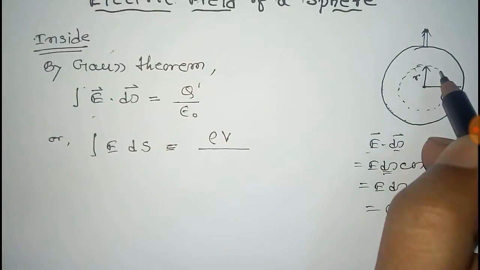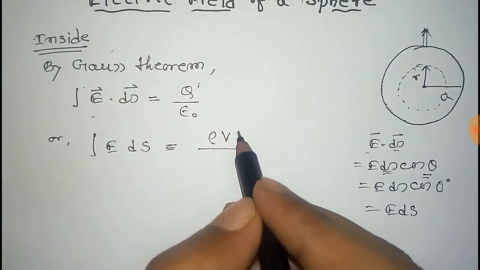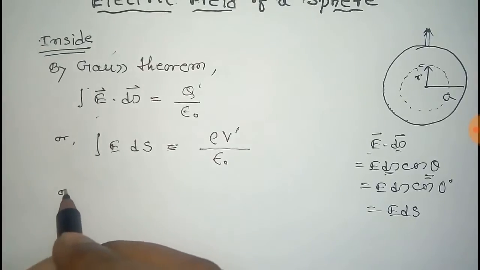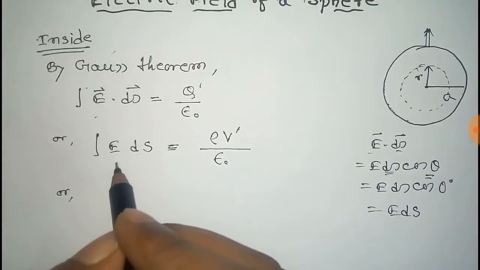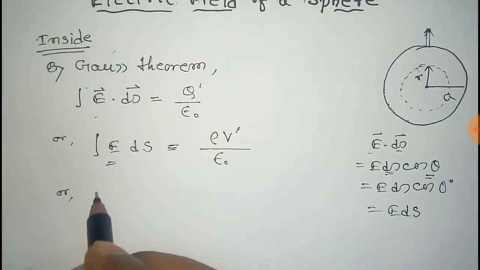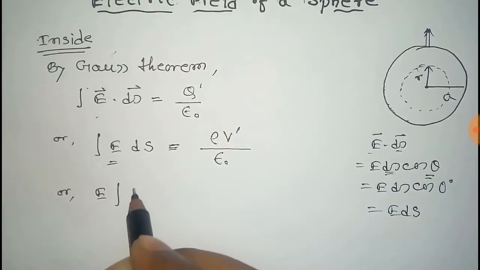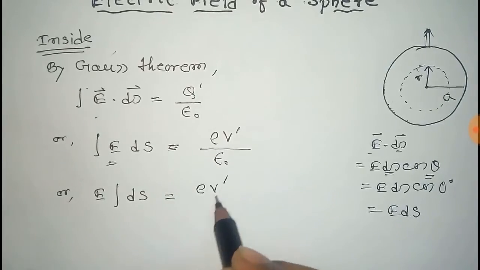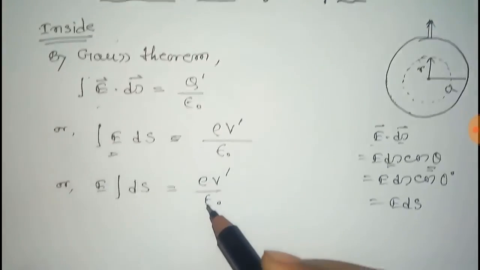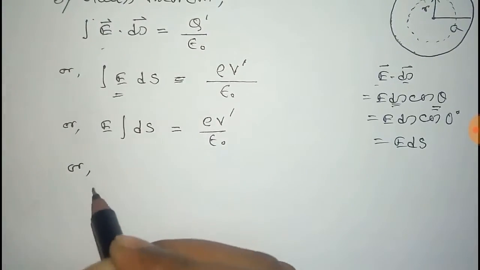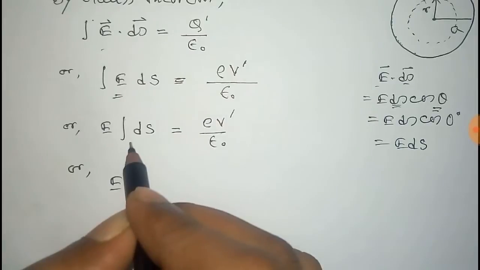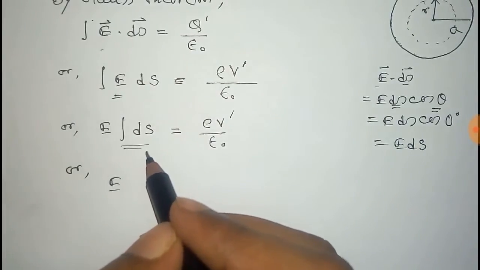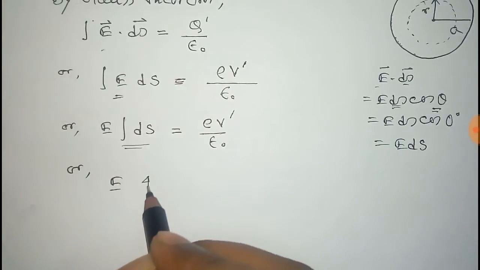So we can write this as rho V prime by epsilon naught. Here rho is uniform, so it is constant and comes out of the integration. Now the value of the integral of ds is the total surface area of the Gaussian surface, which is 4 pi r square.